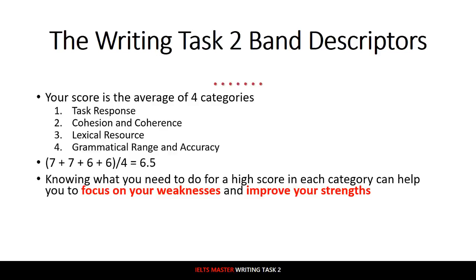This is important to know. And if you're planning on improving your writing, I recommend you start with task response, then go to cohesion and coherence, then to lexical resource, and finally grammatical range and accuracy. Try to fix or improve your weaknesses in each of these areas in that order.